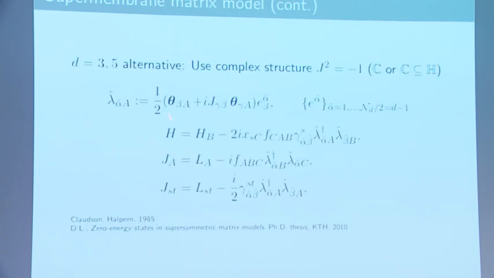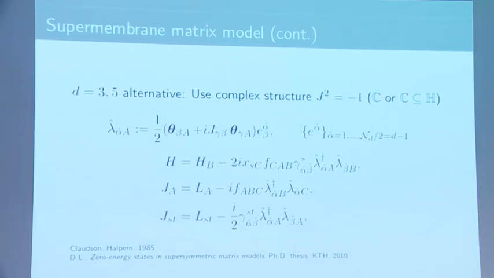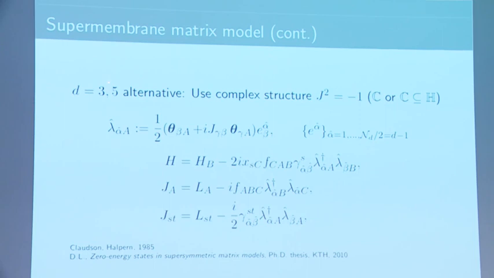But there is this alternative in 3 and 5 dimensions, which I'm not sure how much it has been discussed. It's also been used by Claudeson and Halpern, and I discussed this a little bit in my thesis, that in these special cases, since you have this complex or quaternionic structure, you can use that pairing, which gives you a more canonical pairing of the fermions.